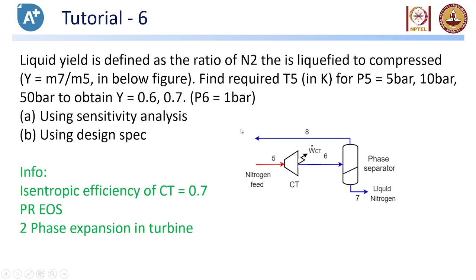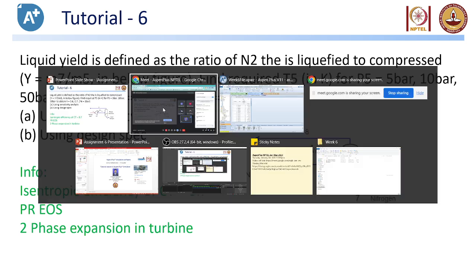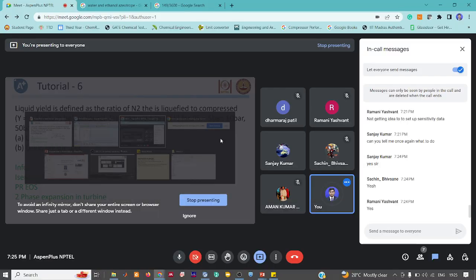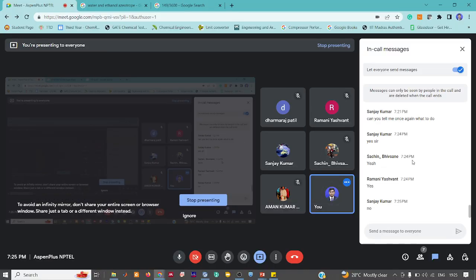Okay, great. Now the question asked you to find the value at which this becomes 60%, right? So in this list, can you identify the 60% and 70%? No, right?